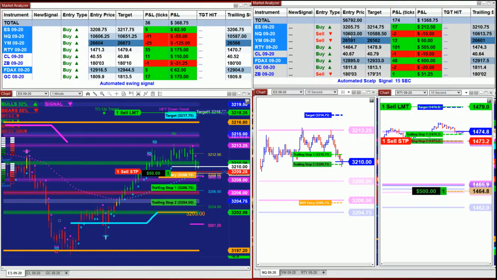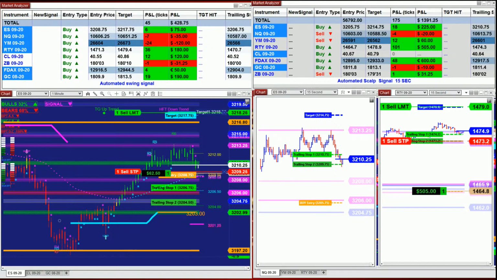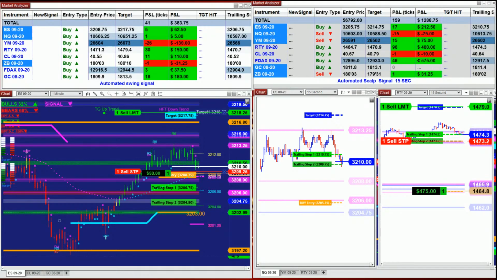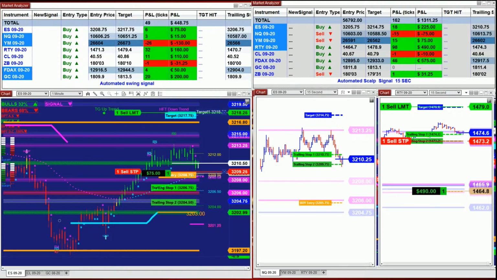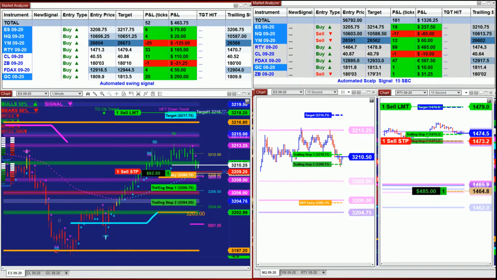Scalper, do whatever you want to do with it, as long as you are on a sim, we're not responsible. This one is closed.